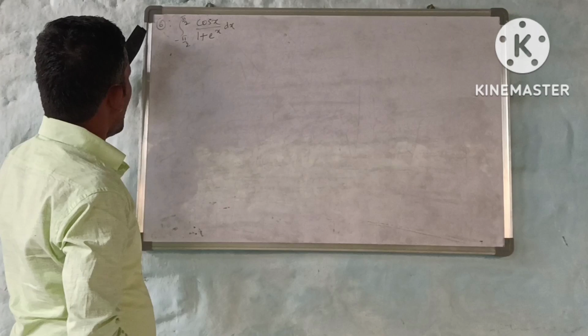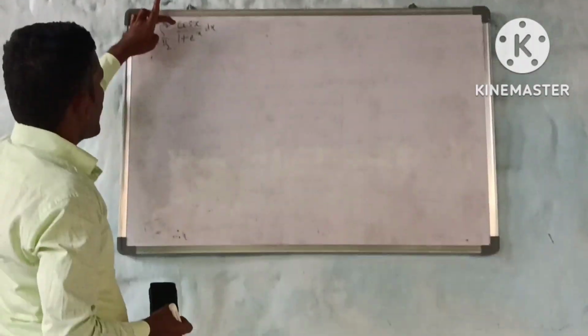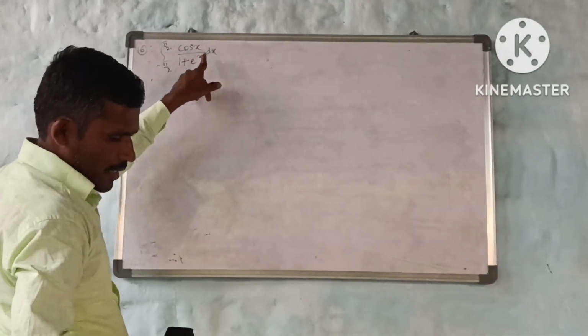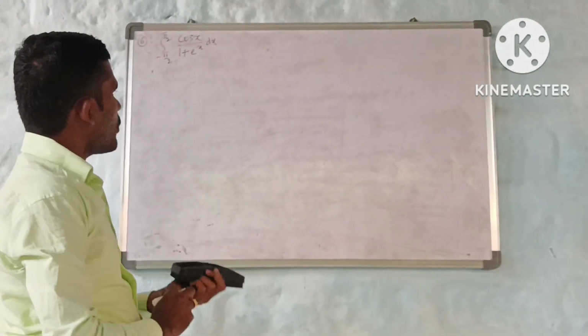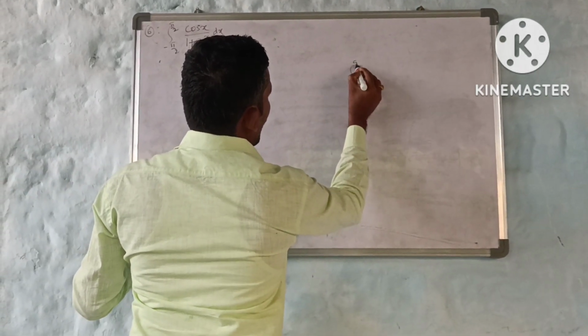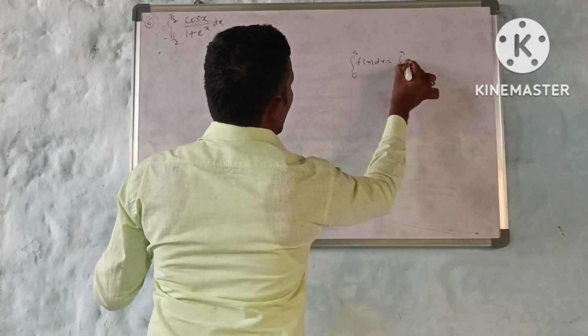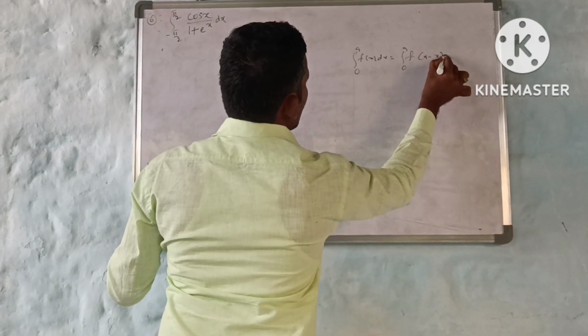The next problem is in 7B: integral from minus pi by 2 to pi by 2 of cos x by 1 plus e power x dx. In the last problem, we took integral from 0 to a of f(x) as integral from 0 to a of f(a minus x) dx.